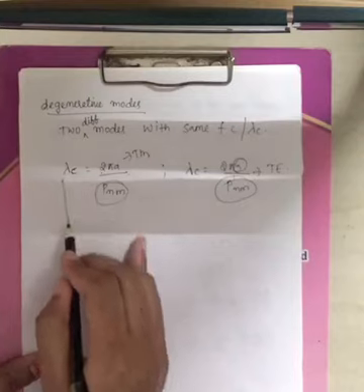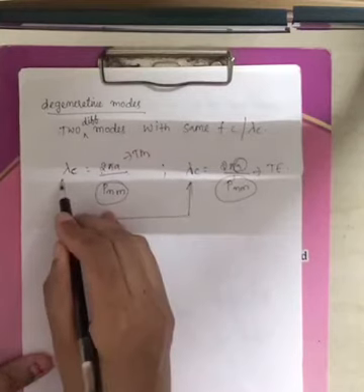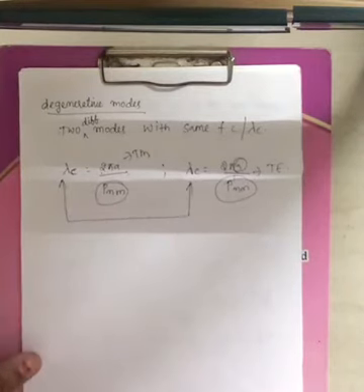In order to get the same cutoff wavelength, degenerative modes are nothing but modes with the same cutoff frequency or same cutoff wavelength, right?